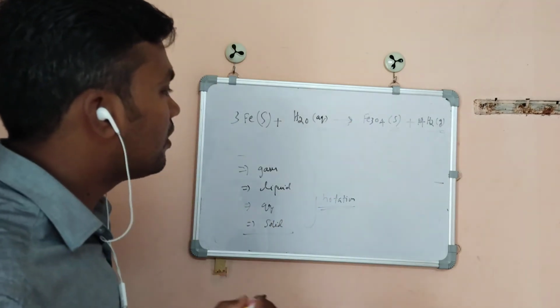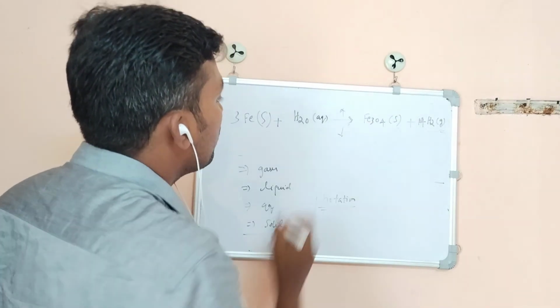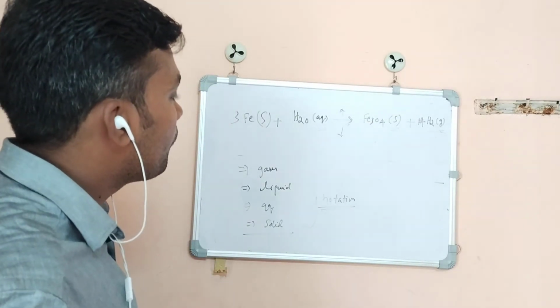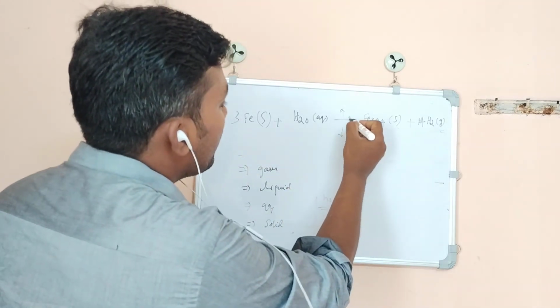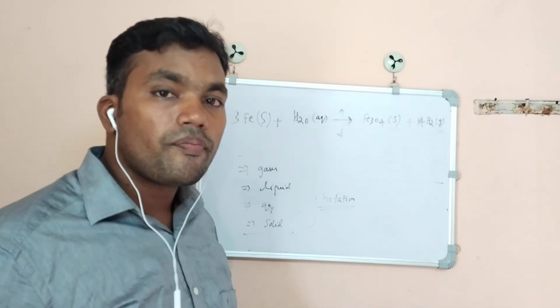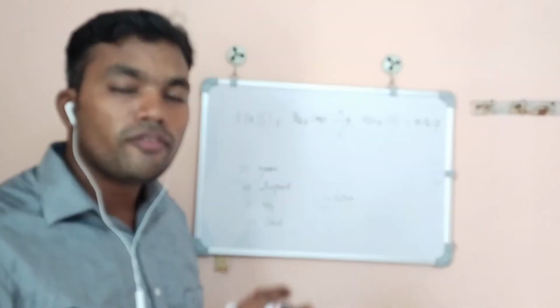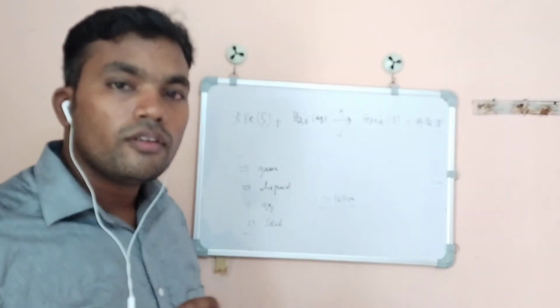You should write your reaction conditions below or above the arrow, which is indicating the direction of the reaction.